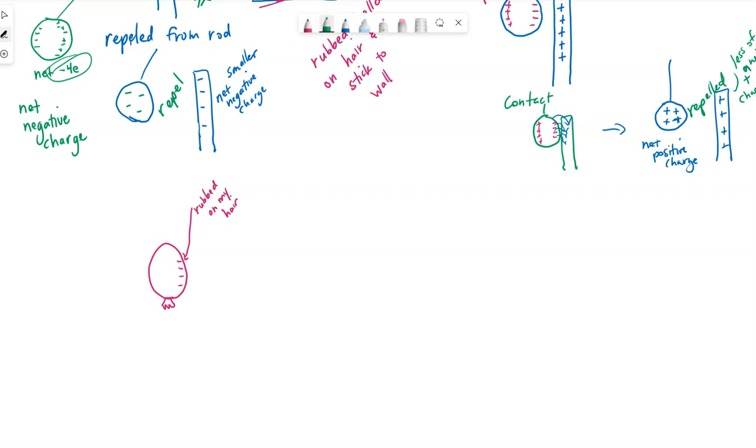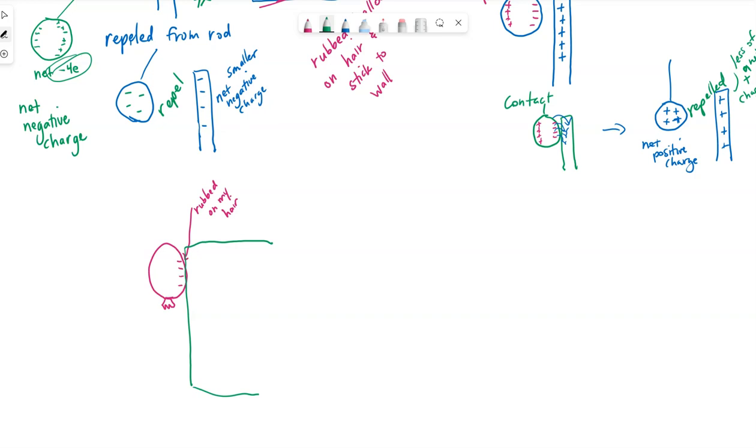When we bring that up to the wall, which is an insulator, it's not a conductor like the metal sphere we were talking about before. Both the balloon and the wall are insulators.